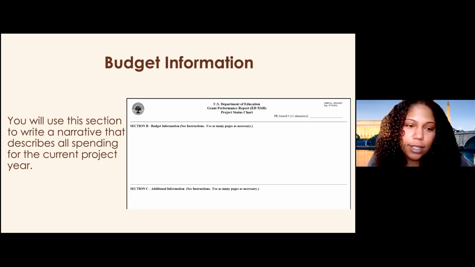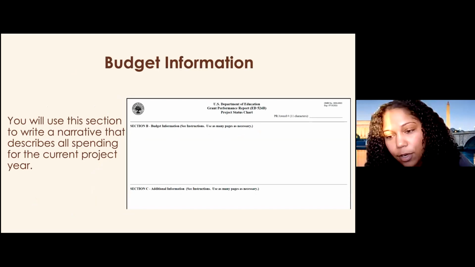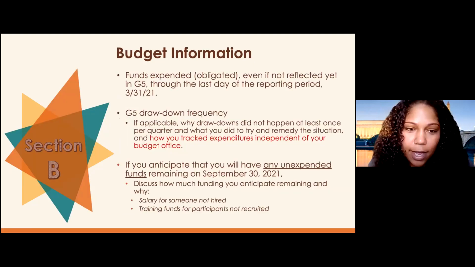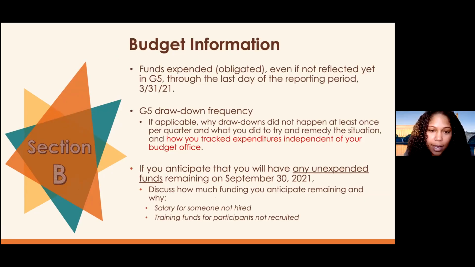So you'll use this section to write the narrative that describes all of your spending that happened between October to the end of March. This is where you can explain all your expenditures. Also, what's really important to include in this section is your drawdown frequency.